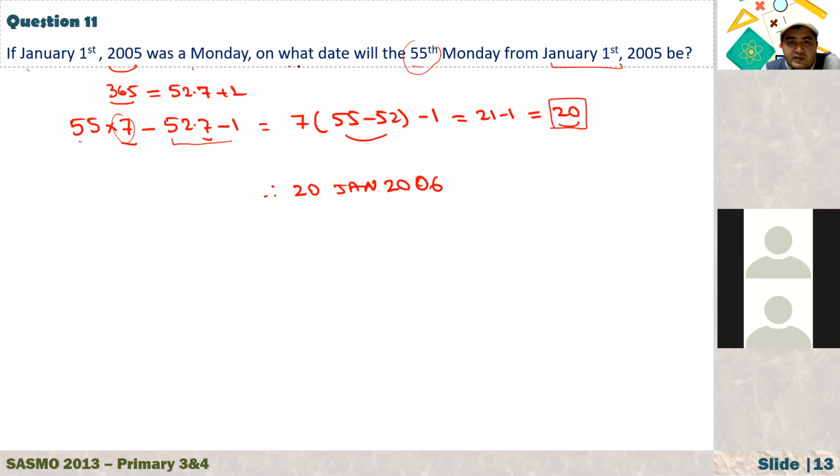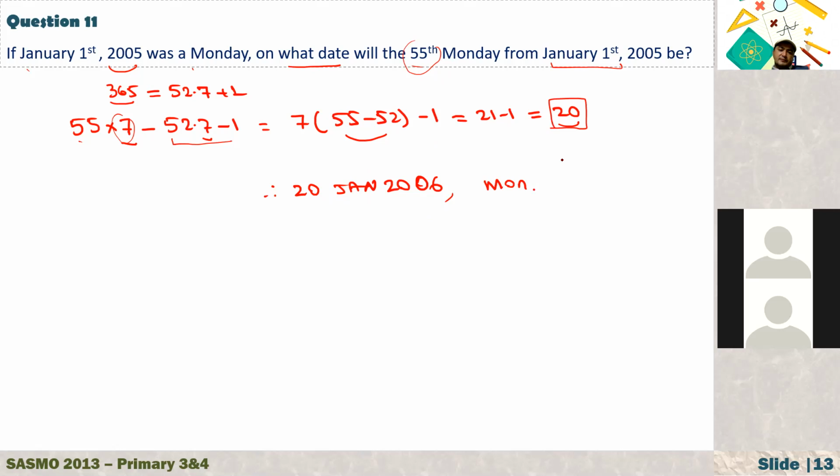It says just what date, right? If they ask about the day, the first of January 2006 is a Sunday, and adding 3 weeks it will also be Monday because we are just adding 55th Monday. It's just Monday actually.